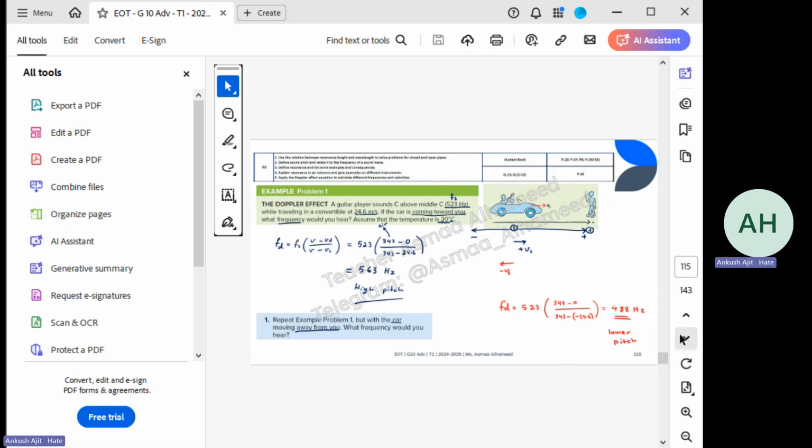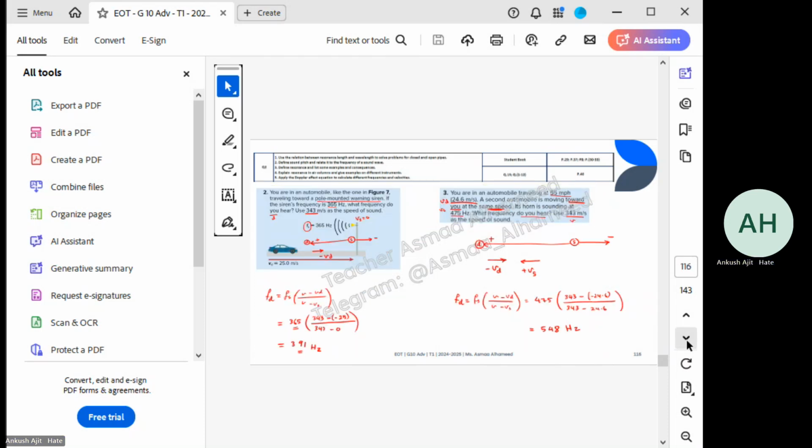Did you get it? Look here. The frequency changes for the second sum in this problem, depending on the first. But the car is moving away from you. This was on the same lines. You should understand where to take what.